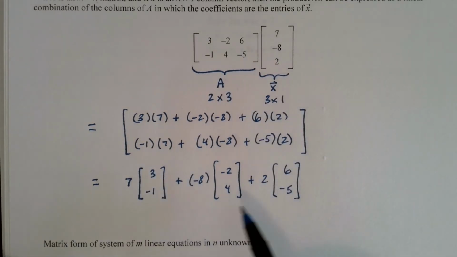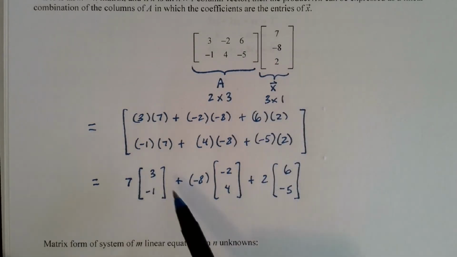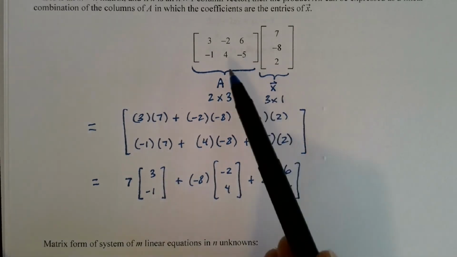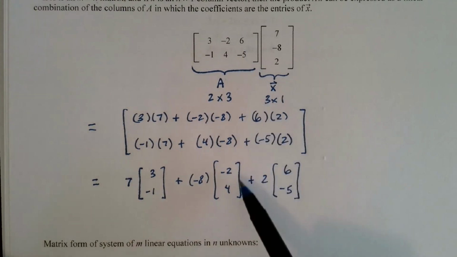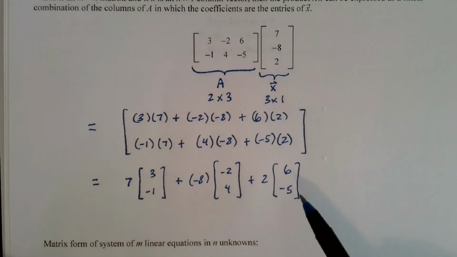But this indeed, you see, is what? A linear combination of what? These are indeed the columns of A. The first column is 3, -1, second column is -2, 4, and the third column is 6, -5.